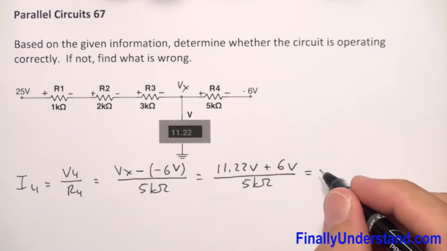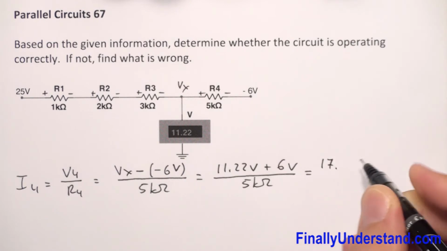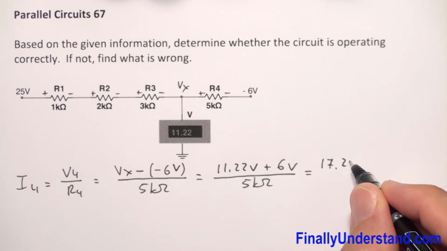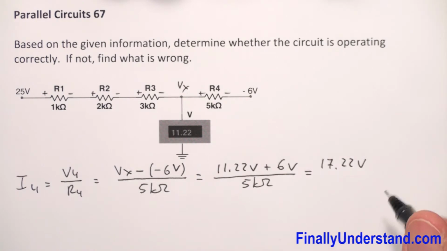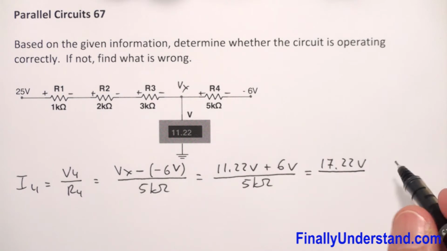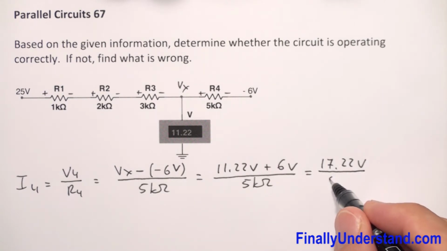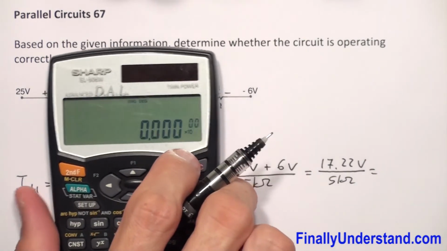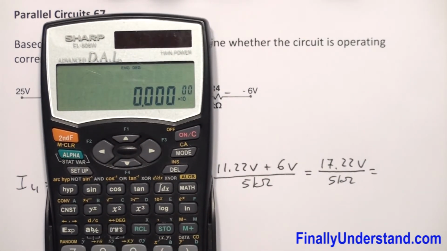11.22 plus 6 is equal to 17.22 volts. Divide by 5 kilohms. This is K, by the way.